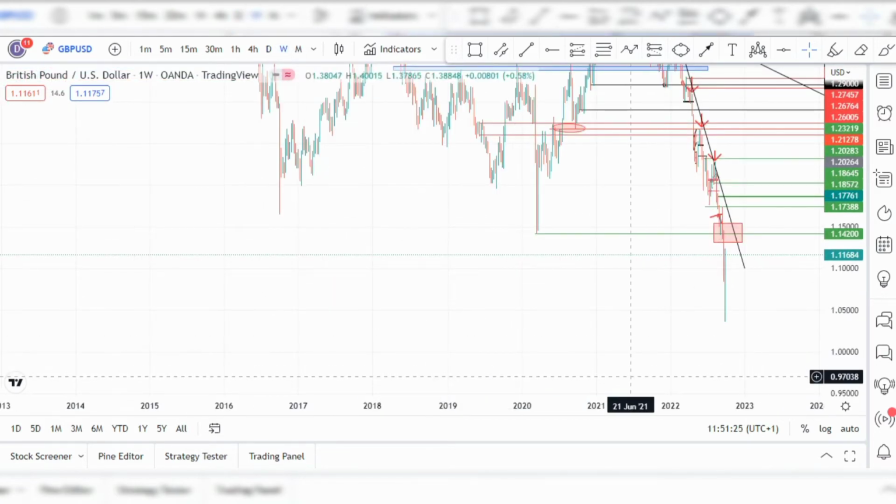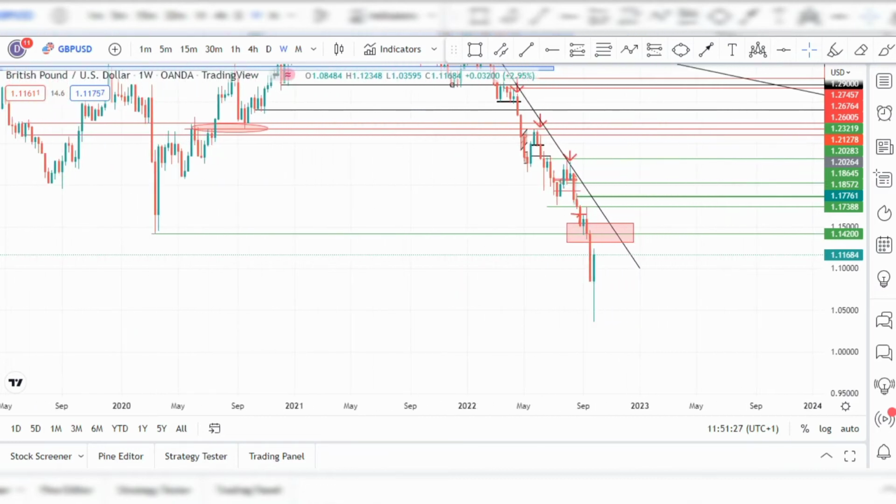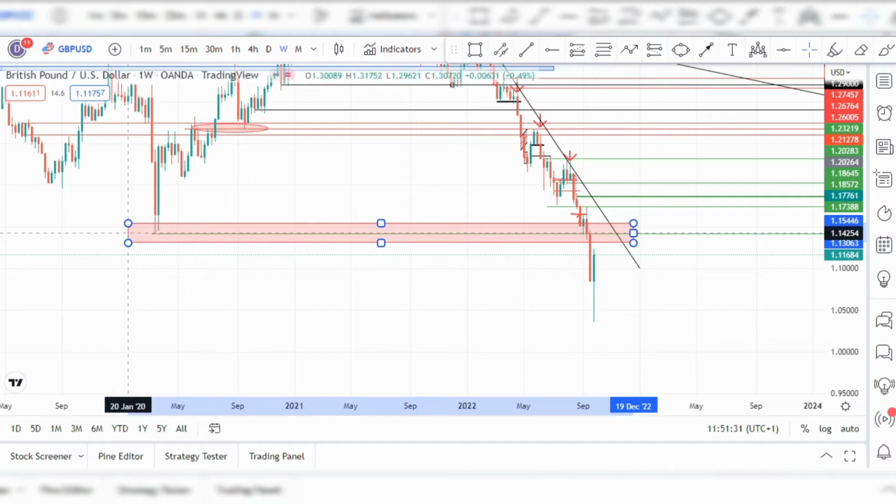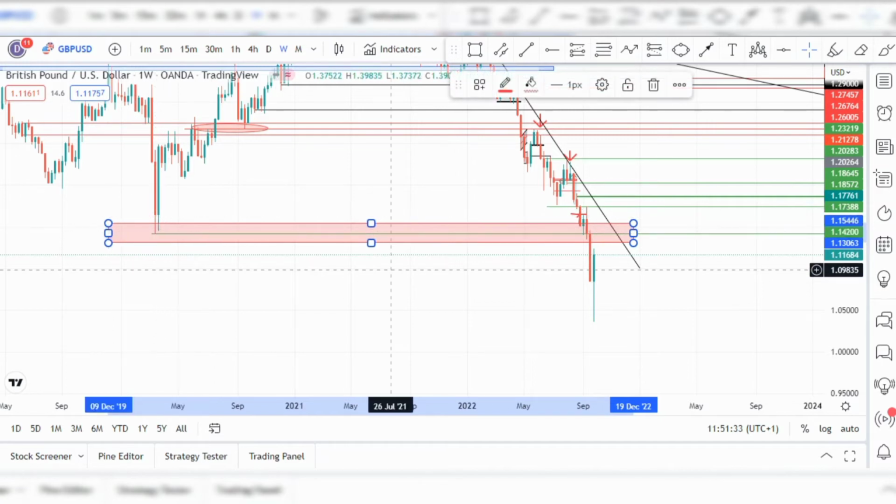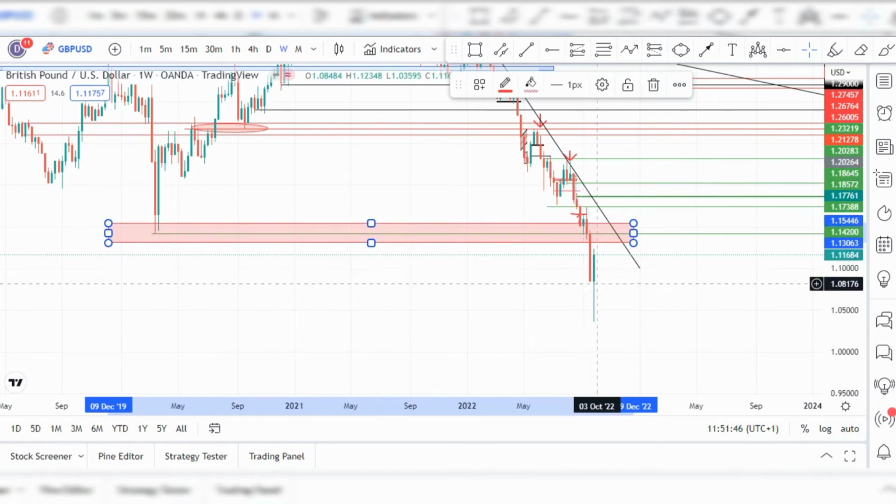So let's go back to the weekly time frame. We can see that this zone here falls where this previous low was. Okay, so it's more or less going back to test that previous low. So this was the support area in the past, the weekly support in the past that price broke through, and that price is going back to test it, which again coincides with the Fibonacci retracement ratio of 61% and 50%.